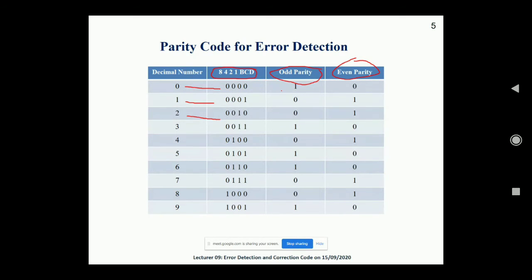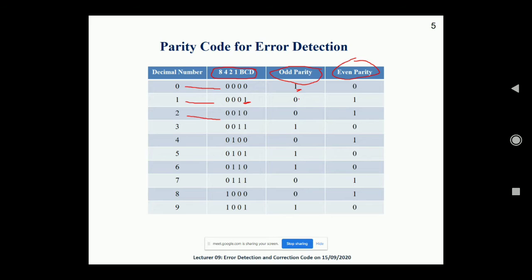All are 0, so this one is 1. Here, this one is already 1. How many ones are present? Only one. So it has already created odd parity, so no need to add 1 here because this one is the parity. This one is called the message bit and this one is called the parity bit.